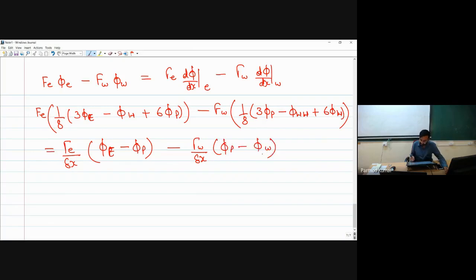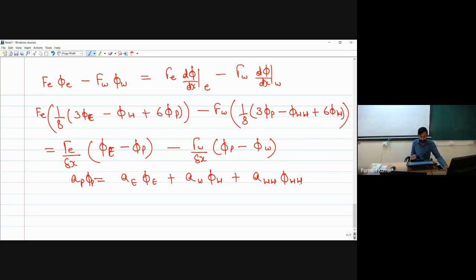Now can you segregate different terms involving P, W, and E? Let us bring P to the left hand side and all other terms to the right hand side. Please tell me the coefficients if I write this equation in the form AP into phi P equal to AE into phi E plus AW into phi W plus AWW into phi WW.